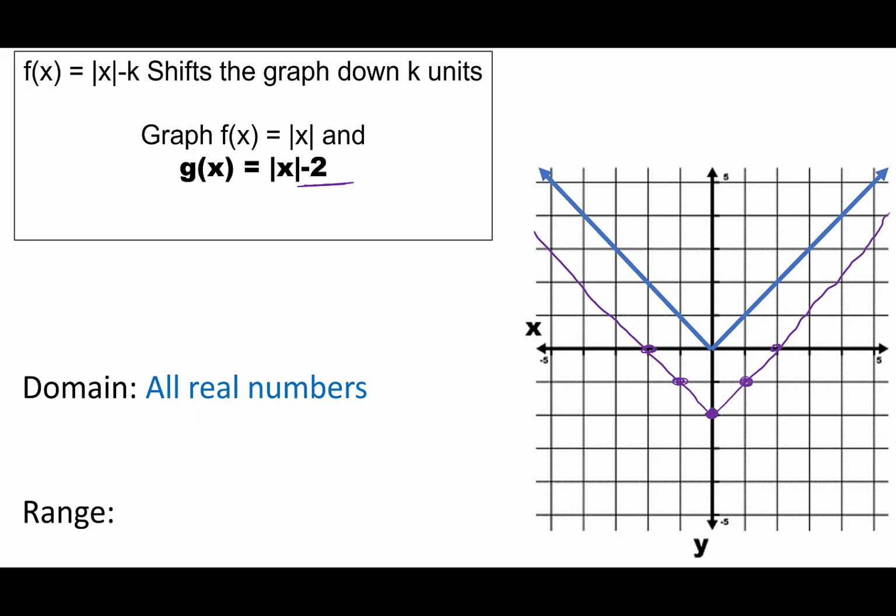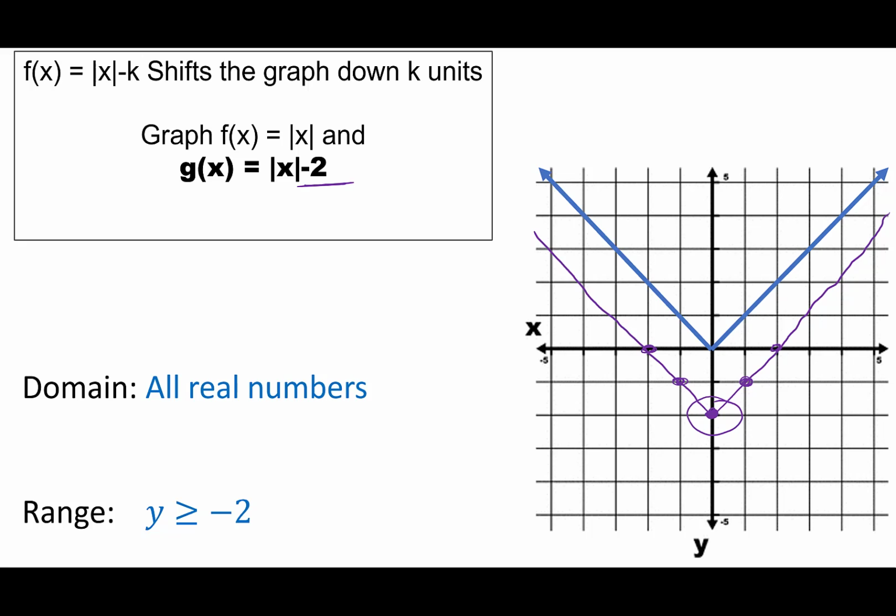So my domain again is all real numbers because I'm continuing going left and going right no matter what. There's no reason for my graph to stop. And my range this time, the y value of that point is a -2. So y is greater than or equal to -2.